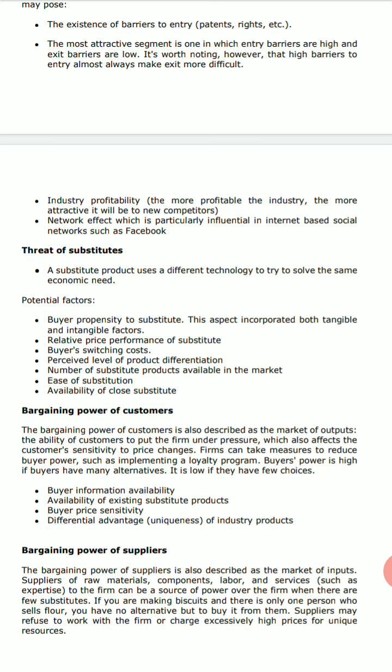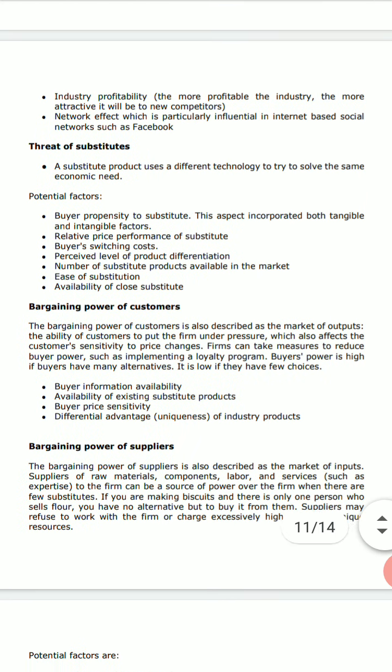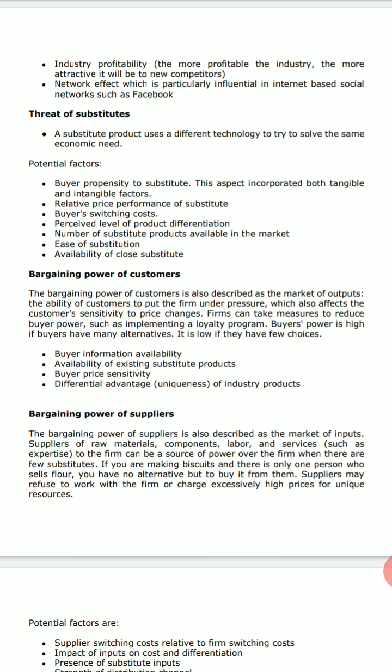Many barriers can be kept on the attractive segment, and the exit barriers are low. It's worth noting, however, that high barriers to entry almost always make the exit more difficult, right? High barriers to entry means you are not allowing the entry, and that will make the exit also difficult. So on industry profitability, the more profitable the industry, the more attractive it will be to new competitors. That is very natural.